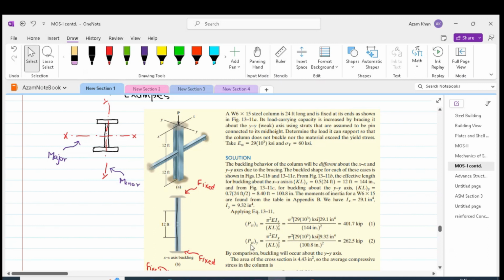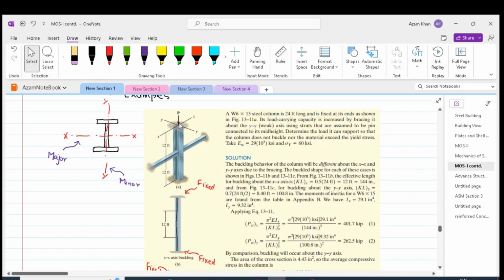Similarly, we can do the same exercise for the minor axis, and pi squared E will stay the same, I will be reduced, and similarly, KL about the minor axis will be reduced. Now, please note that the KL about the minor axis is for the case when we have got one end fixed and another one pinned.